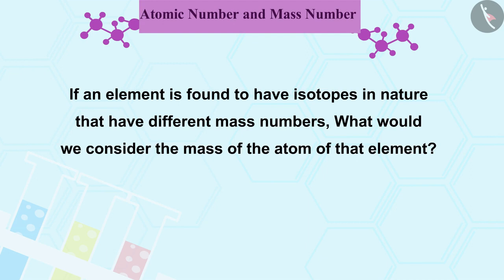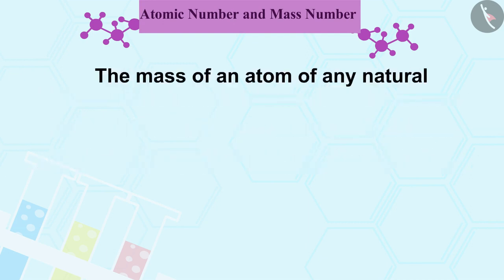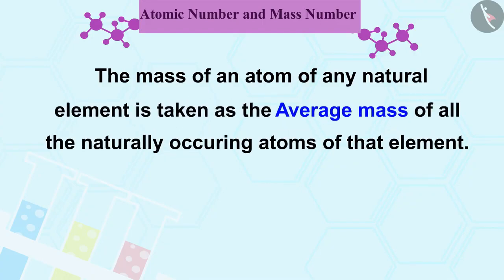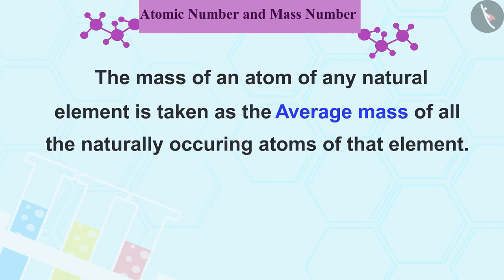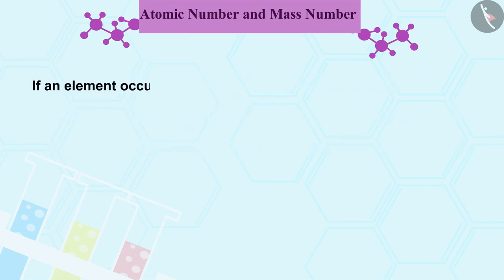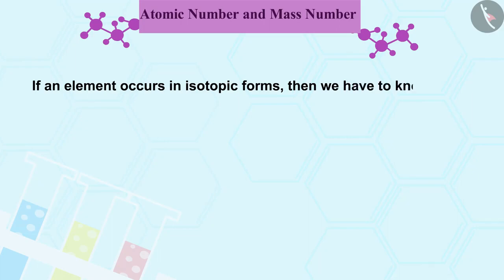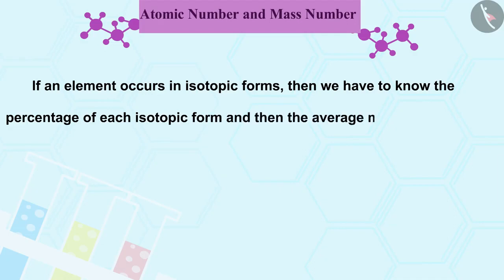Let's find it out. The mass of an atom of any natural element is taken as the average mass of all the naturally occurring atoms of that element. If an element occurs in isotopic forms, then we have to know the percentage of each isotopic form, and then the average mass is calculated.